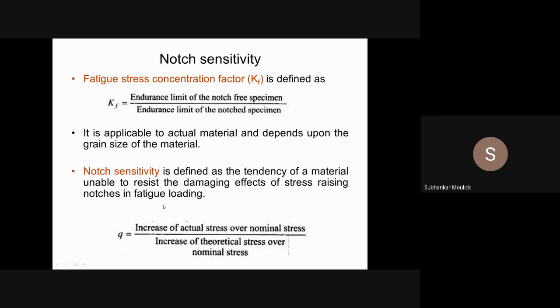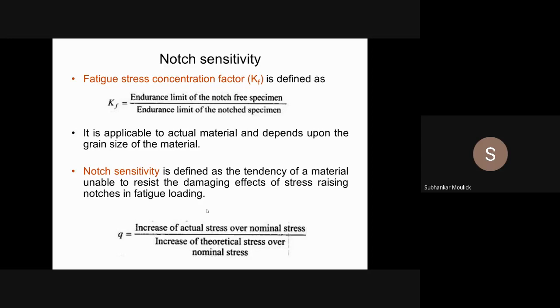Now I can define notch sensitivity as the tendency of a material unable to resist the damaging effects of stress raising notches in fatigue loading. Again, I am repeating, notch sensitivity is defined as the tendency of a material unable to resist the damaging effect of stress raising notches in fatigue loading.